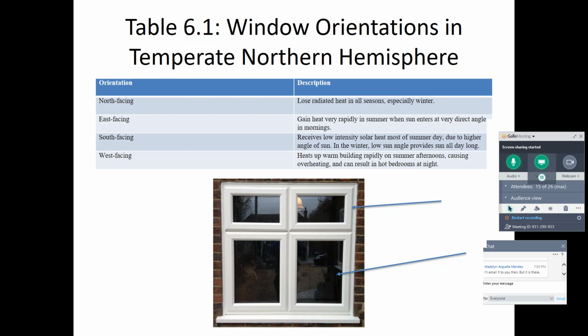And in the winter, low sun angle provides sun all day long. West facing is going to heat up the building rapidly on summer afternoons, causing overheating and can result in hot bedrooms at night. So they've just really clearly defined for you the northern hemisphere and how we could be placing some of those.